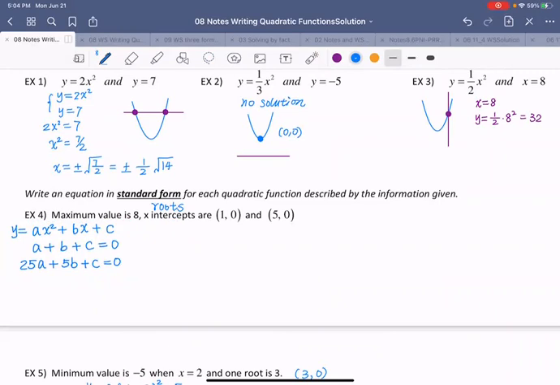This is x1 equals 1, x2 equals 5. So y equals a times (x minus 1)(x minus 5), correct? Now, the maximum value is 8.